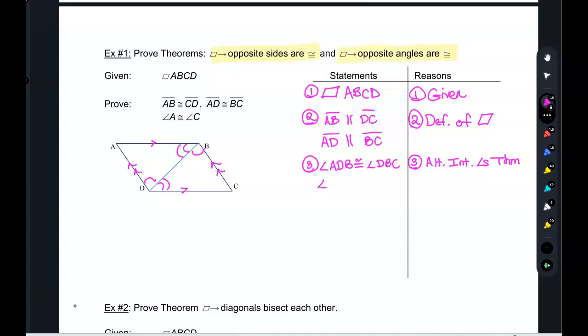So angle ABD and angle BDC, because it's the same reason. Okay, so now what do we have? We have two pairs of congruent angles. What's the hopefully obvious next step? DB is congruent to DB.